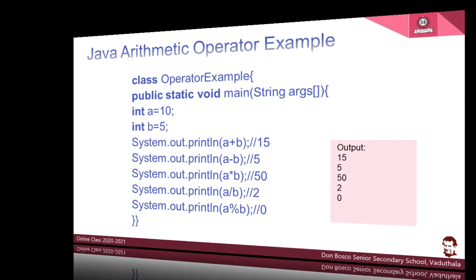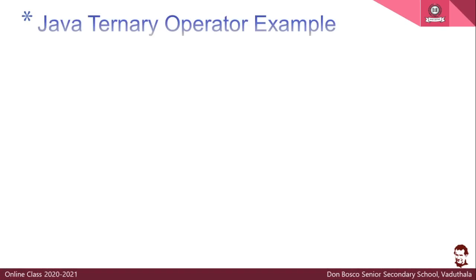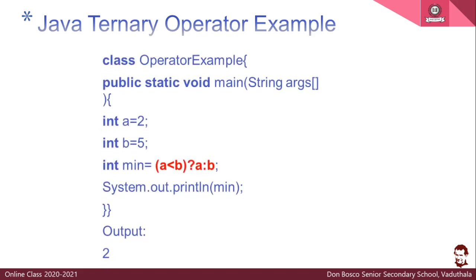And the next topic, Java ternary operator. Kindly remember, we can convert one if statement into a short form with the help of the ternary operator or conditional operator. Which are they? Question mark and colon. You can see one example, a equal to 2, b equal to 5. If you want to find the minimum value from a and b, how can we check? Condition a less than b, question mark.